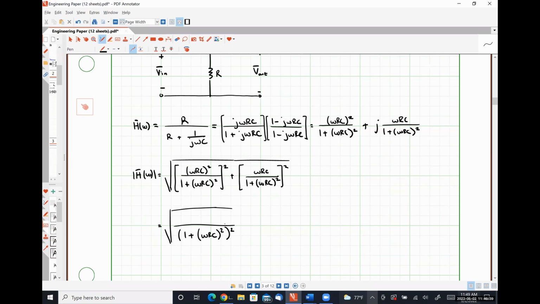So I'm going to factor out omega RC to the 2nd power from that, which is going to leave me omega RC squared times 1 plus omega RC squared, like so. Does that track with everybody? Does it make sense? If I multiply through here, I'll have omega RC squared plus omega RC to the 4th power, which is exactly what I would get if I just added those two numerators together.